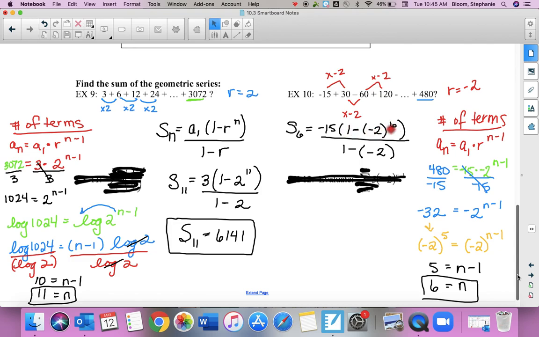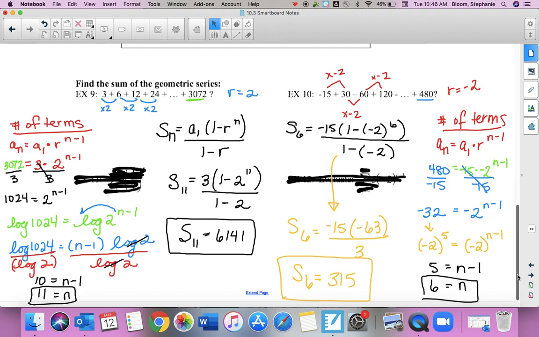If you're plugging this whole thing in your calculator, you have to have parentheses around this negative 2. So you're doing negative 2 to the 6th power, and then 1 minus that. Let me just rewrite this down here. It should look like this: negative 15 times negative 63 over 3. Be sure that's what you're getting on your calculator. And the sum of those 6 terms is 315.